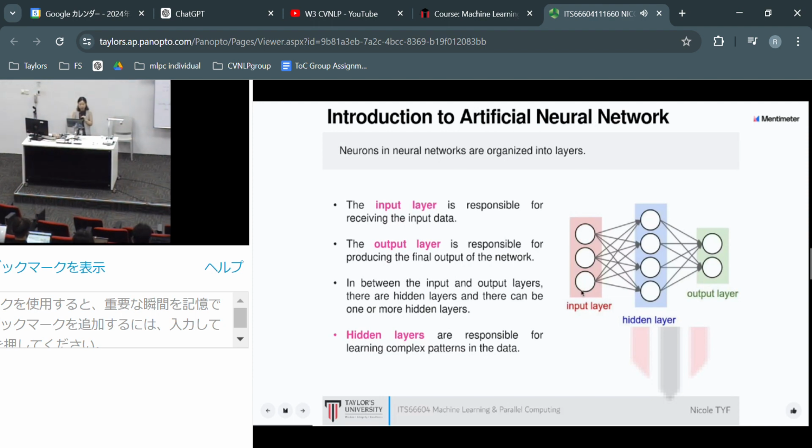These hidden layers are the neurons that are responsible for learning the complex patterns within our data. So these are hidden layers. There can be one or more hidden layers. In the case where we have probably 3 to 5 layers, that is considered a shallow neural network.